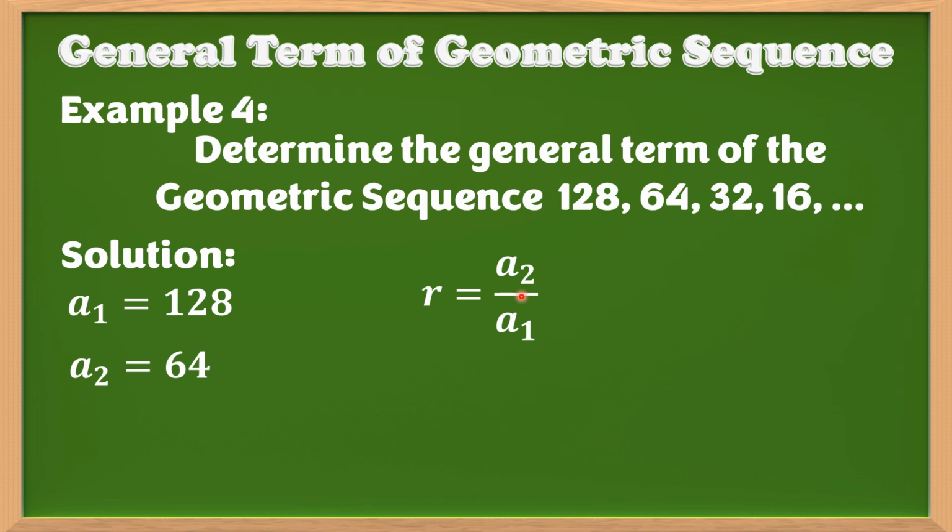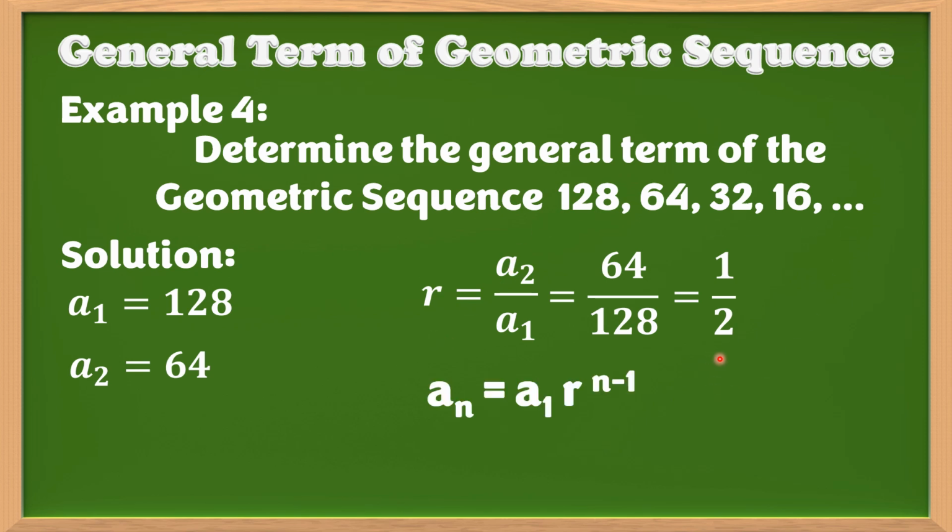A sub 2 is 64 and a sub 1 is 128. So the value of r is 64 over 128. Simplifying, that is equal to 1/2. So the common ratio of the given sequence is 1/2.